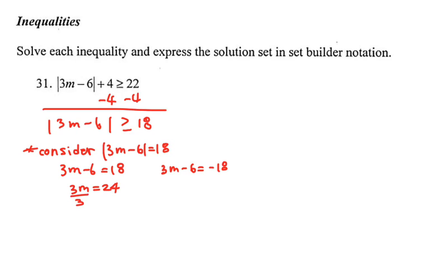And as you divide by 3, m is equal to 8. Now, second, when you add 6, then 3m must be equal to negative 12. Now, when you divide by 3, we get to see that m must be equal to negative 4.